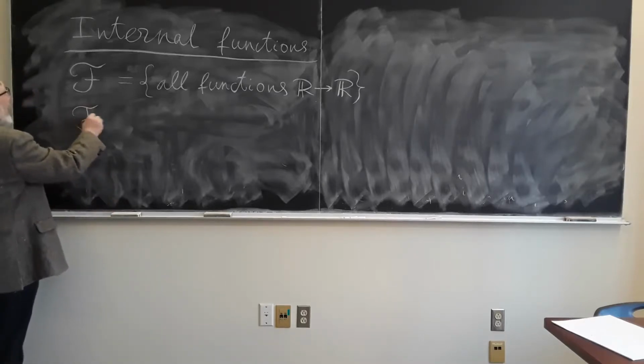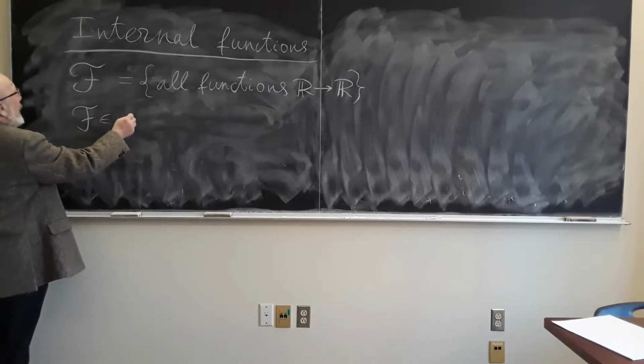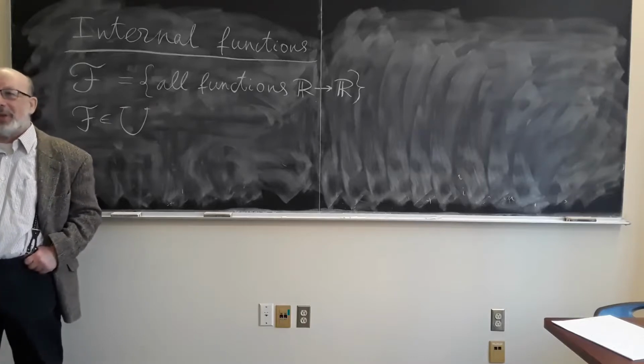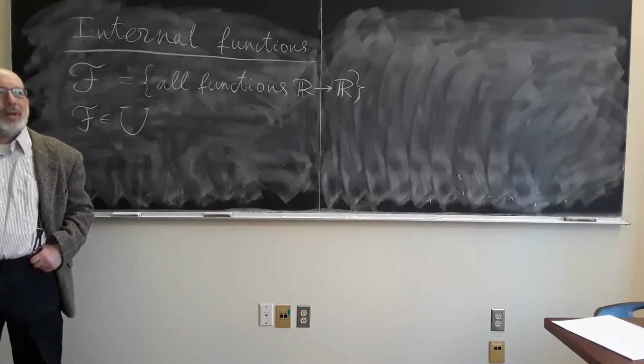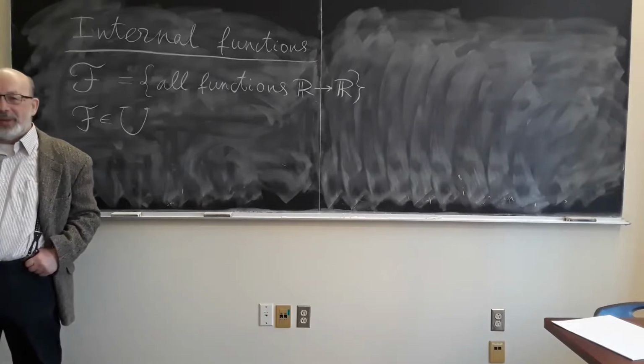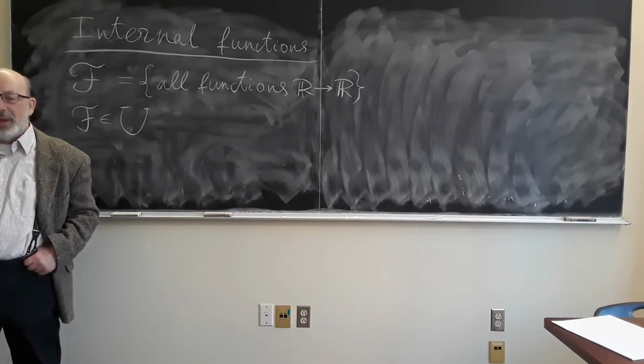That F is an element of our universe U. We can even estimate at which floor this set is. Each function is given by its graph. The graph is a subset of the set R by R. So each of these is on floor number 4, as we found already.